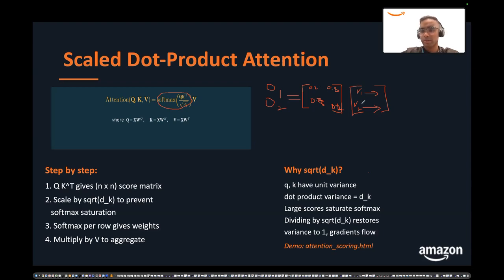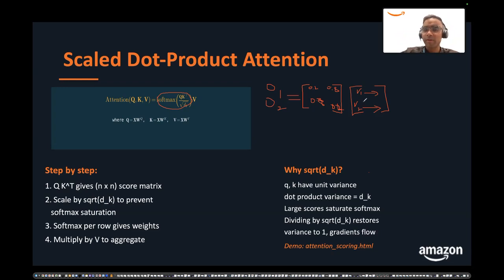I multiply with this. What this multiplication does is take each and every element of my v1 vector, multiply with 0.2, and add 0.8 of the same indexed element of v2. It is just the attention score of this into v1 plus the attention score of this into v2. This is what is linearly happening.